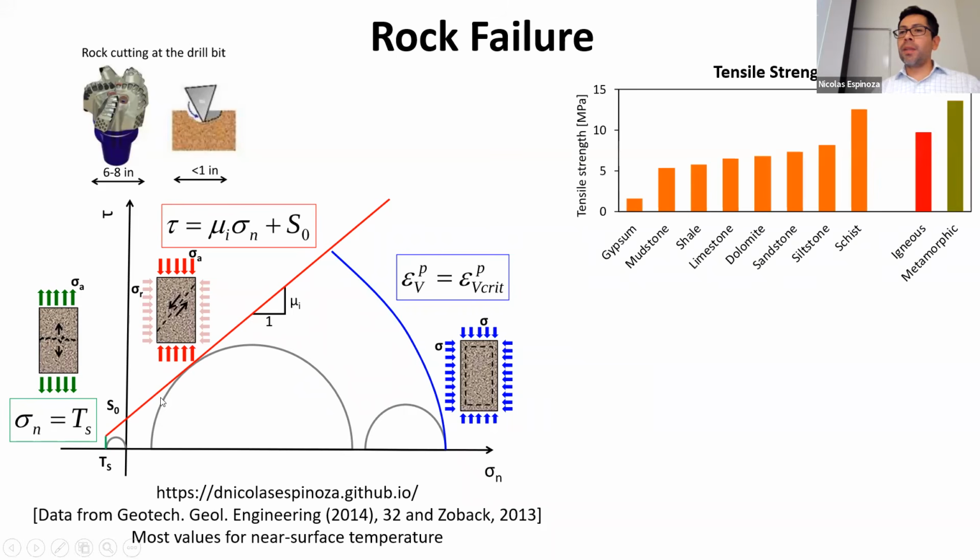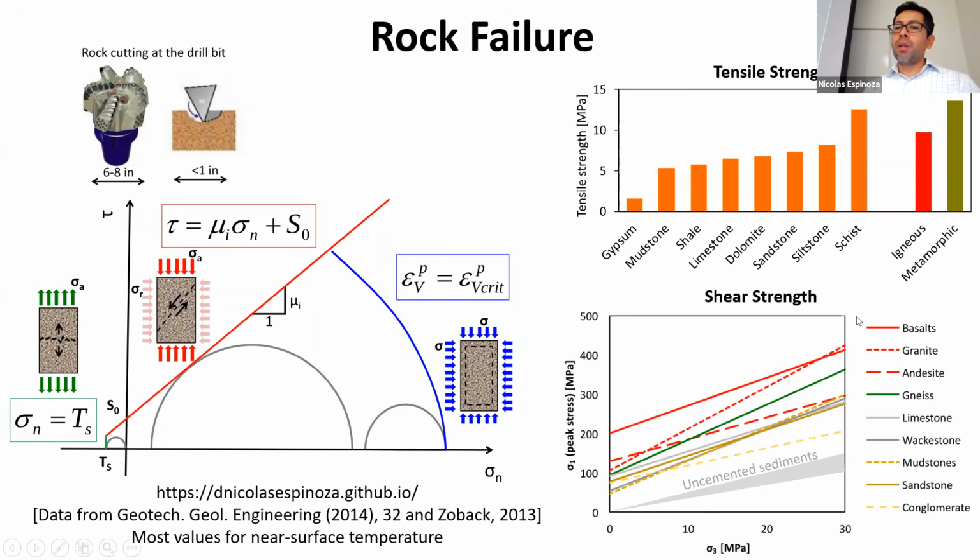And the bad news, we could say in this case for geothermal, is that these rocks, igneous rocks, metamorphic rocks, tend to be quite strong. They are not only stiff, but they are also strong. Those are two different things. One thing is stiffness, another thing is strength. These rocks are stiff and strong, not only in tensile failure, but also in shear strength.